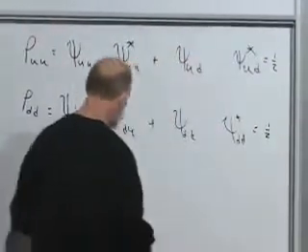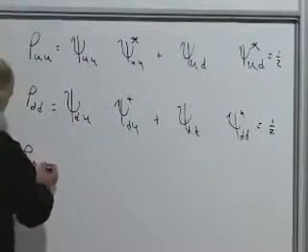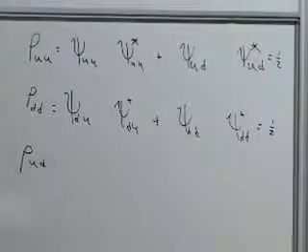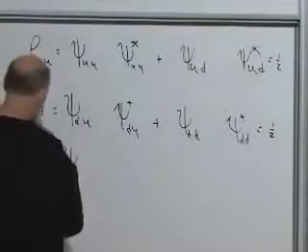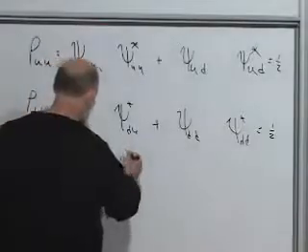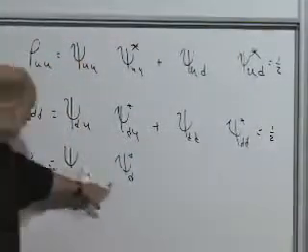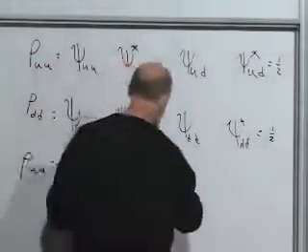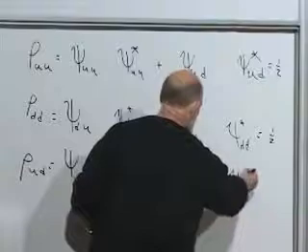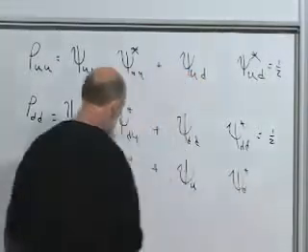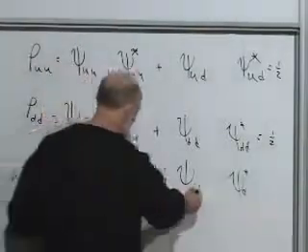Neat. What about rho up, down? The matrix element of the density matrix, the up-down matrix element. Do the same thing. Psi up, psi star down, plus psi up, psi star down, but then fill in up, up, and down, down.